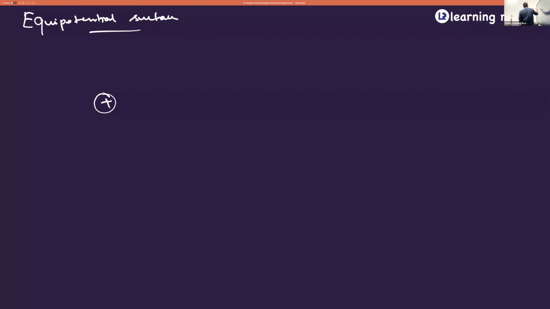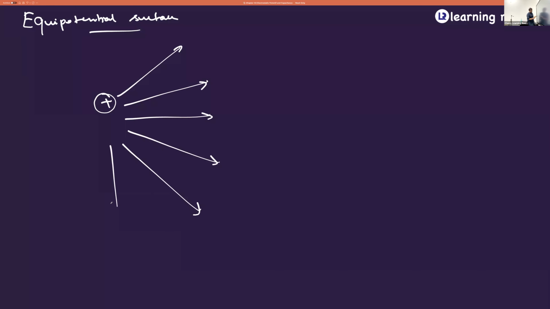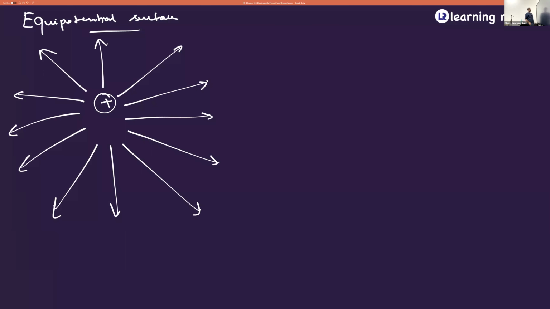If I take this positive charge, then the electric field is away from it like this. Right? Now, I need to define a surface around this kind of a charge distribution where the potential at every point is going to be the same.